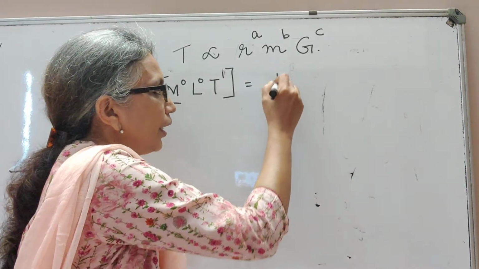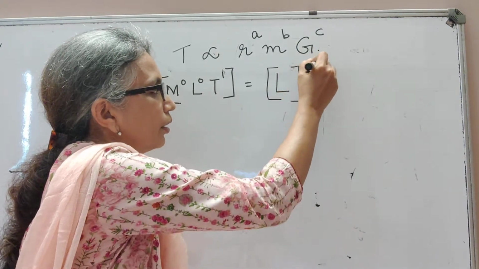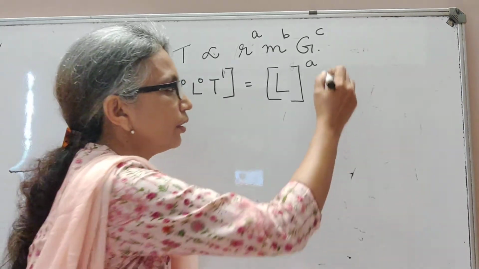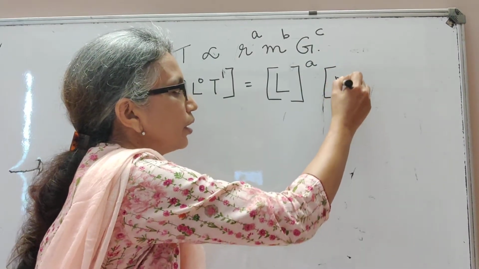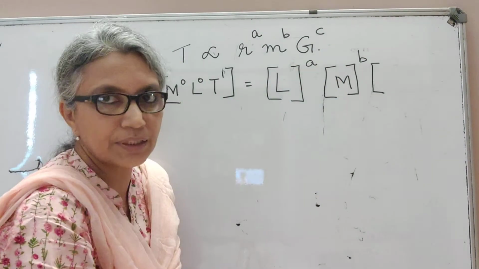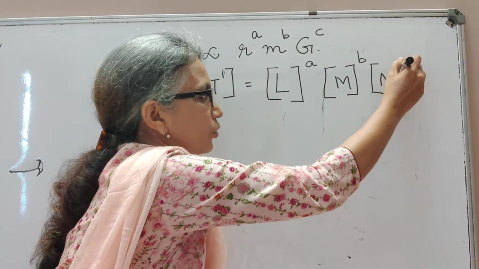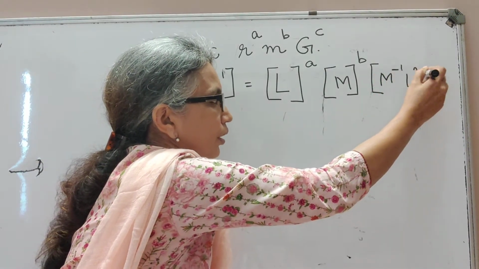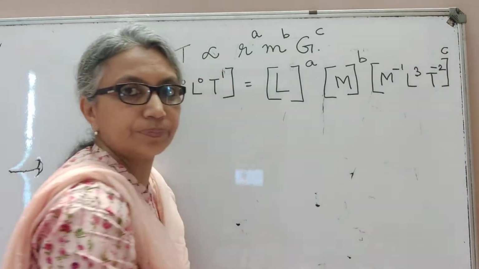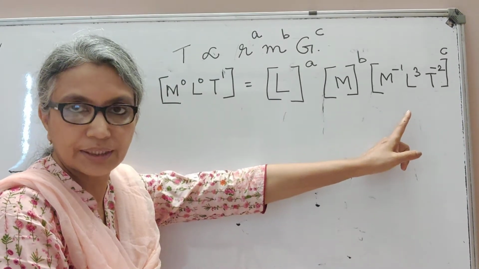So we may write L raised to A. Then mass of the planet is in mass, no length and time there. So this is M raised to B. And this, please learn by heart from your table, is M raised to minus 1 L cubed T raised to minus 2, the whole thing raised to C.